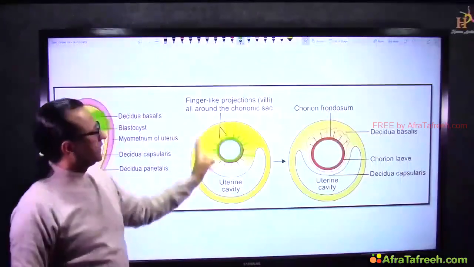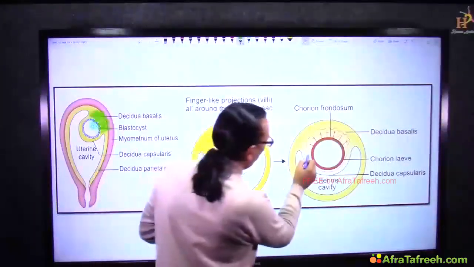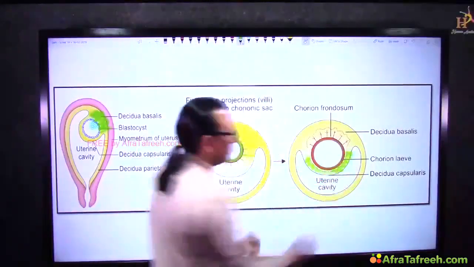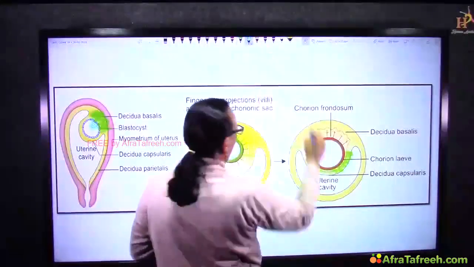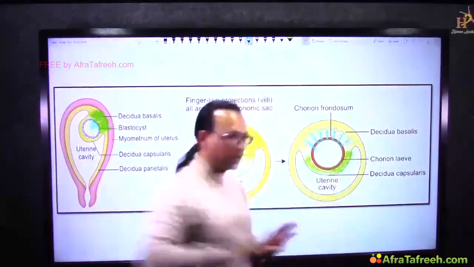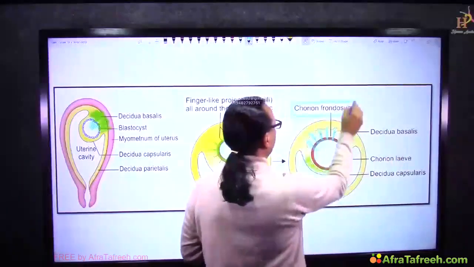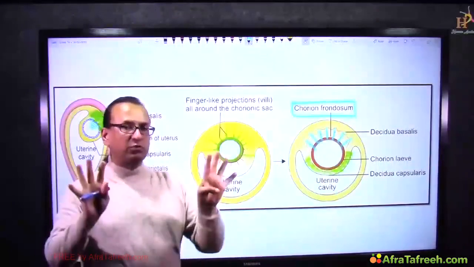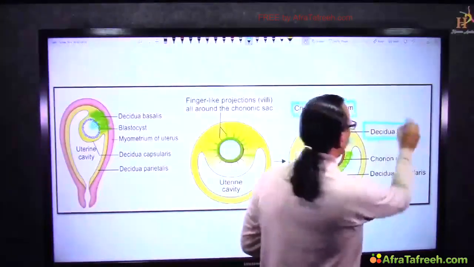But then these finger-like projections, the villi, will be lost on this side of the baby, meaning towards the uterine cavity. Only the villi which are towards the decidua basalis will persist, and there those finger-like projections are going to form the chorion frondosum, the fetal part of the placenta. It is going to communicate with the decidua basalis, which is the maternal part of the placenta.